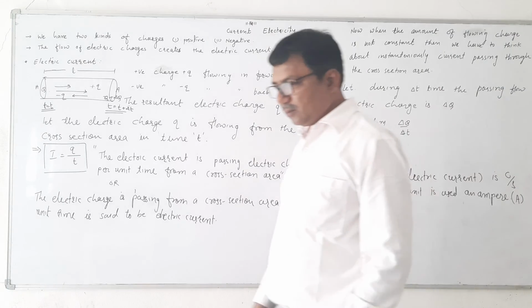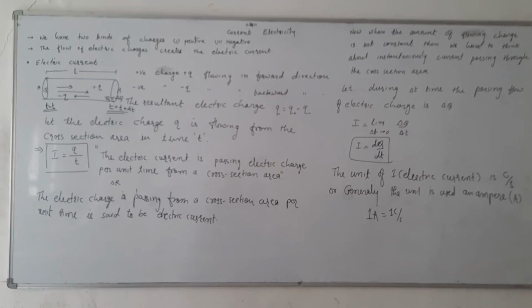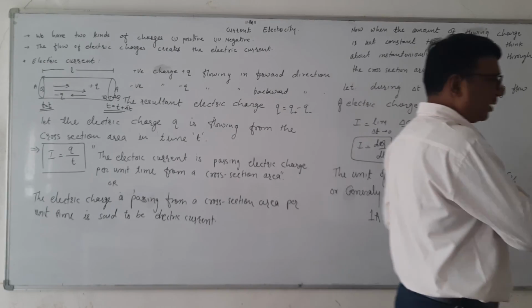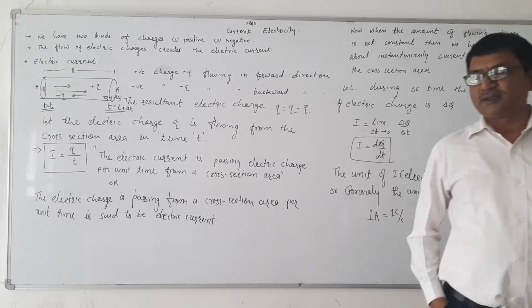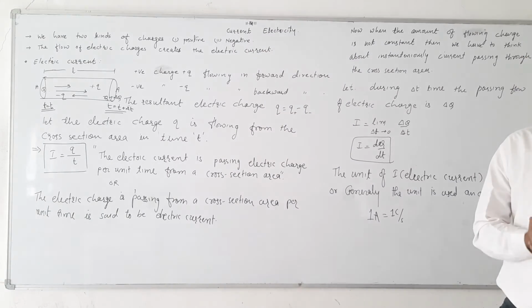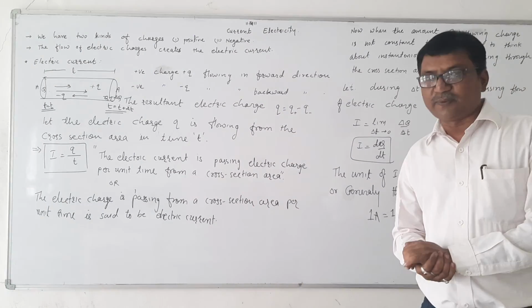And you have to prepare your first and second chapters in physics, because there will be a unit test and it starts from the 25th. So please be ready for the test.